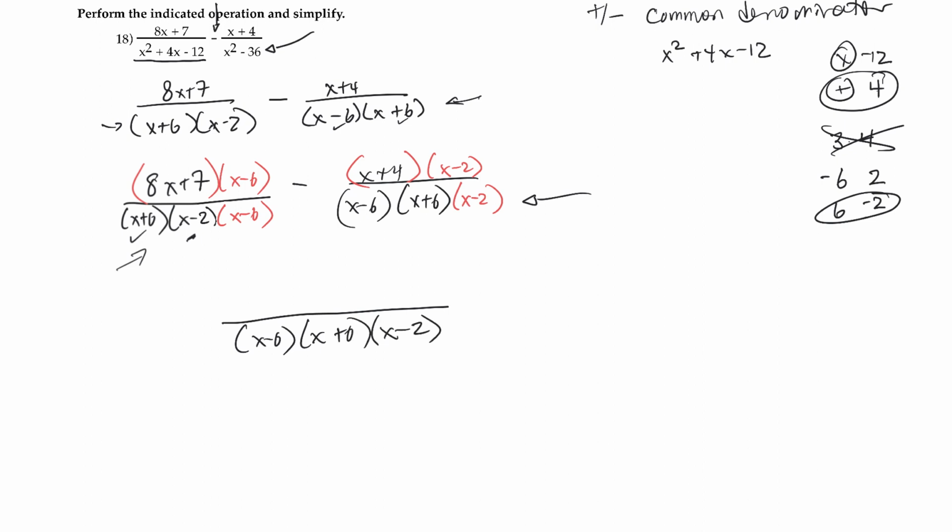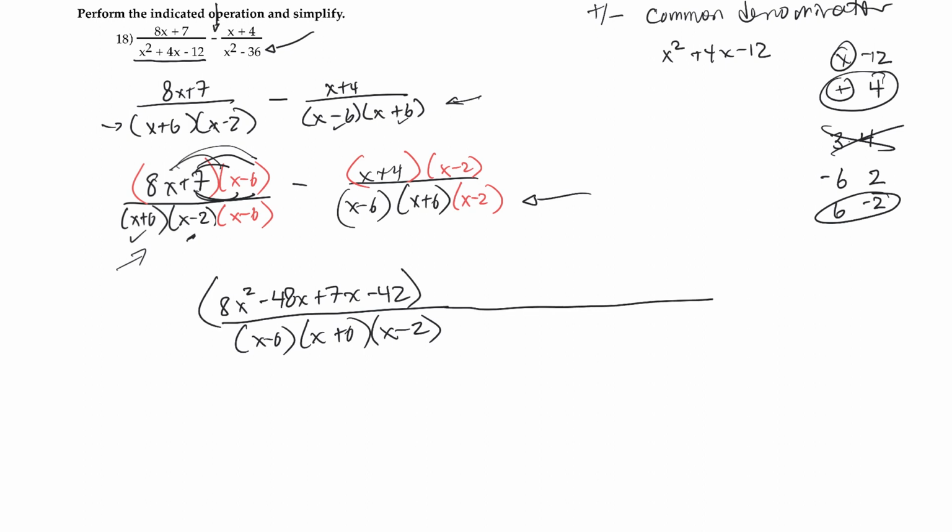Now on the top, I'm going to FOIL all this out and then try to simplify. So I'll have 8x squared minus 48x plus 7x and minus 42. Okay, that's for that one. I should have carried my line on.